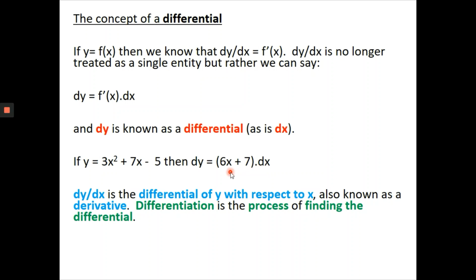Okay, so quite a simple process in order to calculate the differential. Just in terms of terminology, dy/dx we know as the derivative, and we can think of it as the differential of y with respect to x, and differentiation is the process of finding the differential.